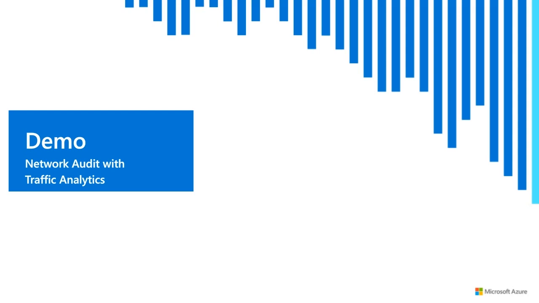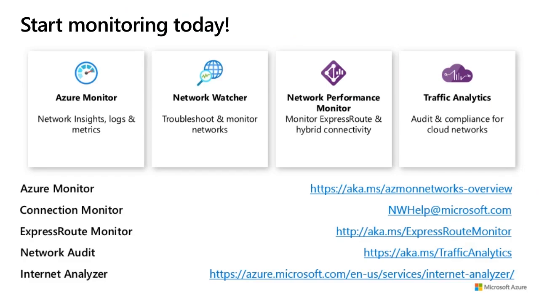Connection Monitor helped you monitor and get alerts if your applications or networks weren't reachable. Once your network was set up, running, and monitored, Traffic Analytics can help you audit your network activity and ensure that your cloud network stays compliant. All of these solutions are available today. We would love to have you try them out and provide feedback.